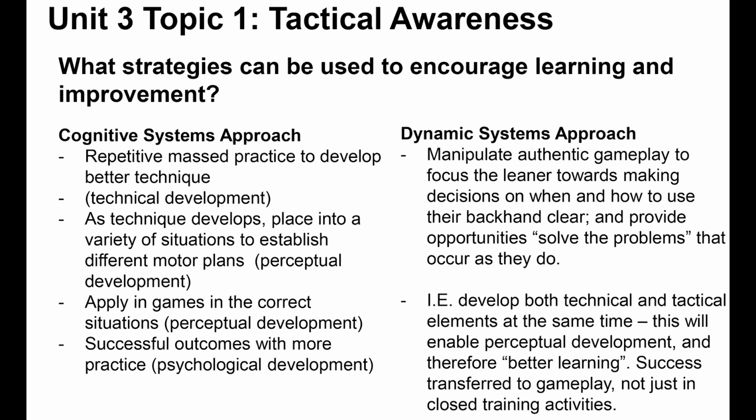And if I can develop the technical and the tactical elements through those learning experiences by forcing them to use that backhand clear, then they're going to transfer it into gameplay a lot quicker and have a lot more success. And that sort of underpins why dynamic systems approach is more recognised now as a better way to develop learners.